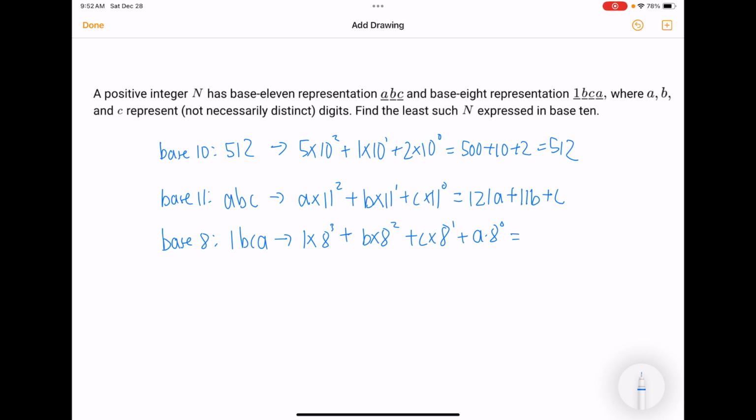So that would be 512 plus 64B plus 8C plus A. And even though these numbers are represented with different bases, keep in mind that they're all the same number. It's just represented differently.